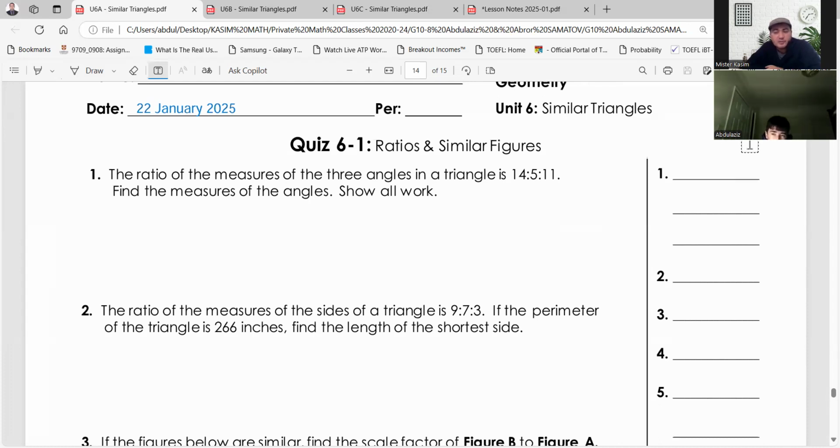Can you repeat it? Two figures are similar if their corresponding angles are congruent and their corresponding sides are proportional.